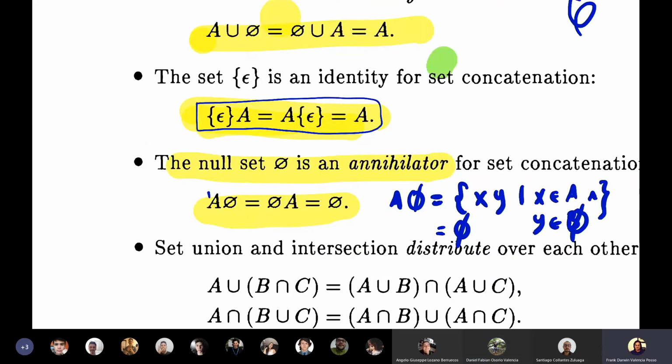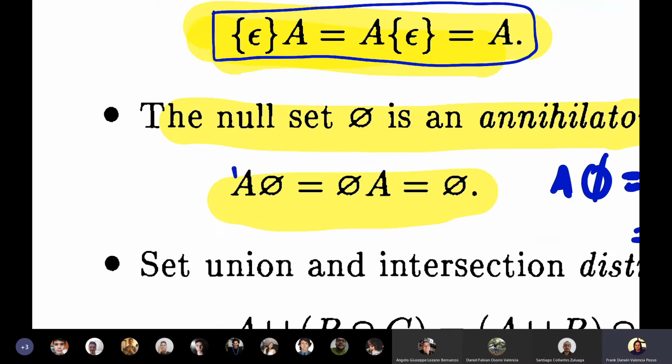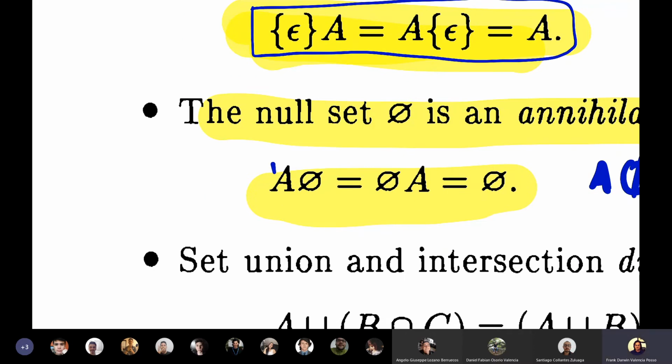And the empty set is the annihilator for concatenation. You see why or not? This one. Juan Luna.